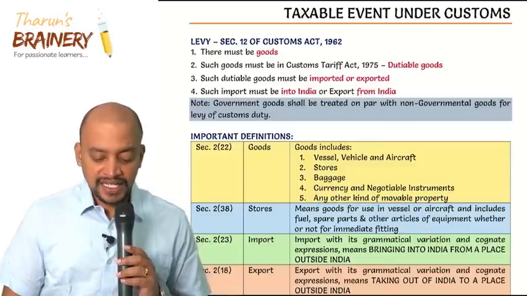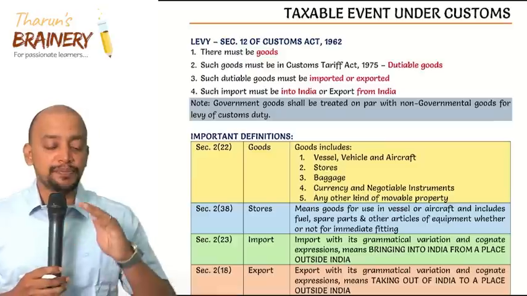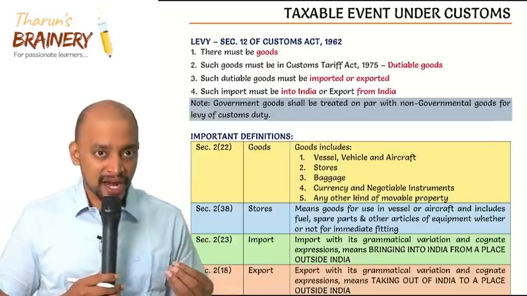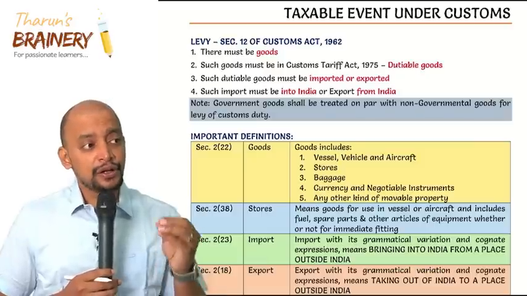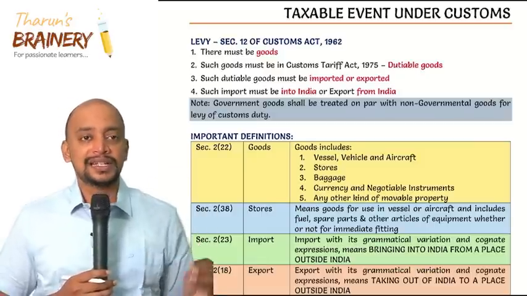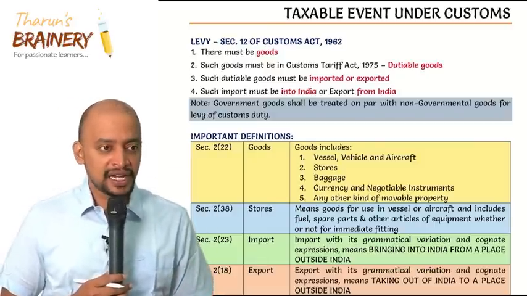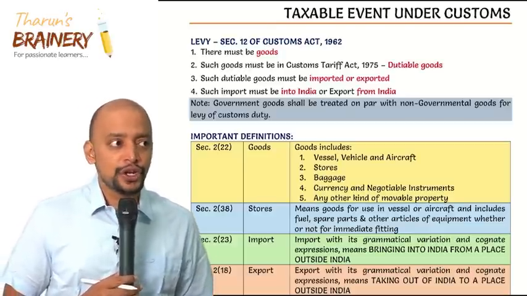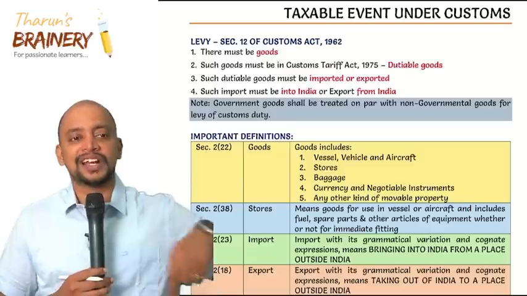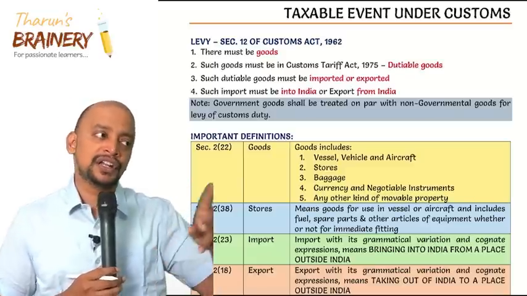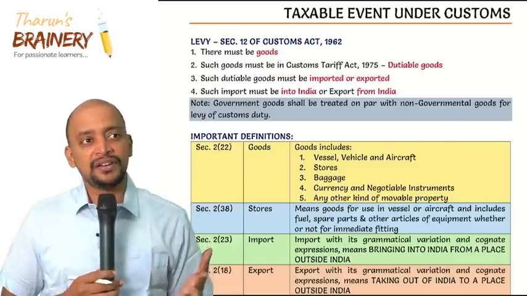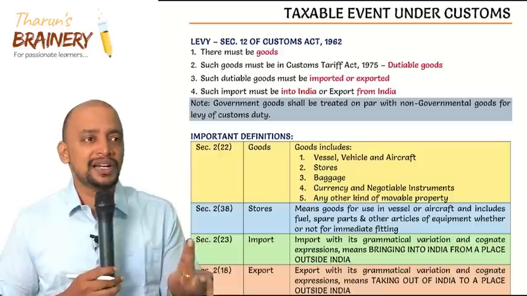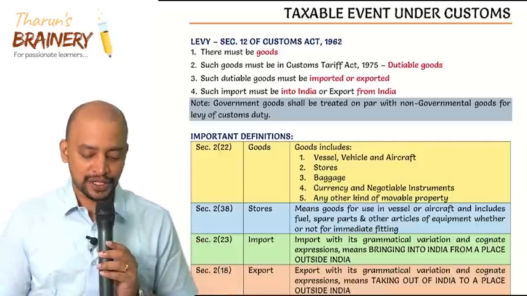But even the vessel, vehicle, or aircraft which is bringing the goods is also treated as goods, and that's the reason why that vessel, vehicle or aircraft, once it comes to India, should not be used for domestic transportation. It should be used for international transportation only. Even for domestic transportation, we import some aircraft, so that will be treated as import of goods and chargeable to customs duty.